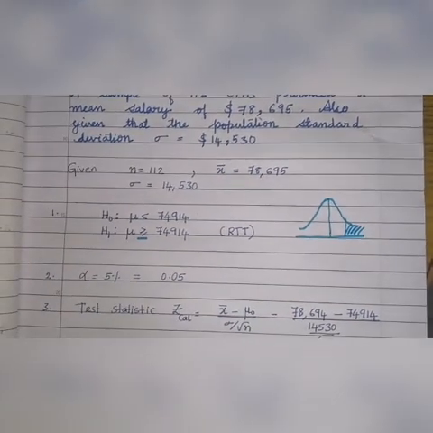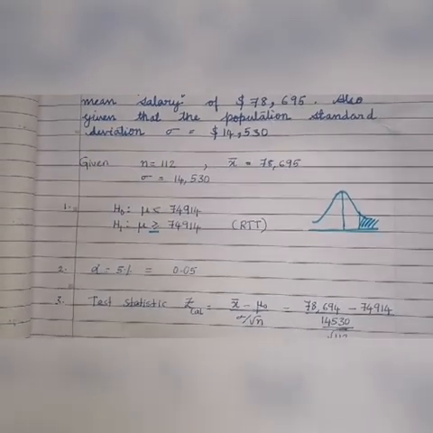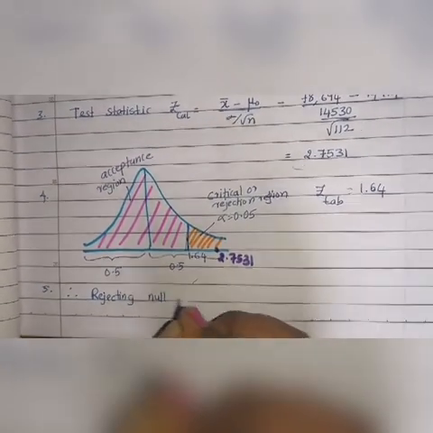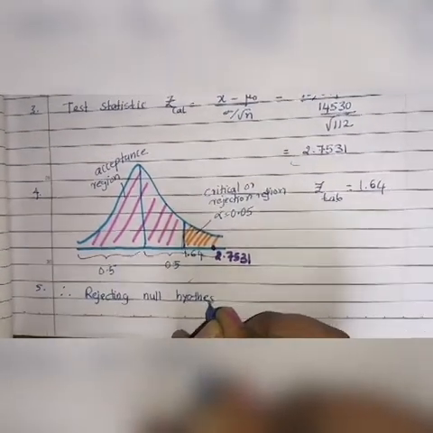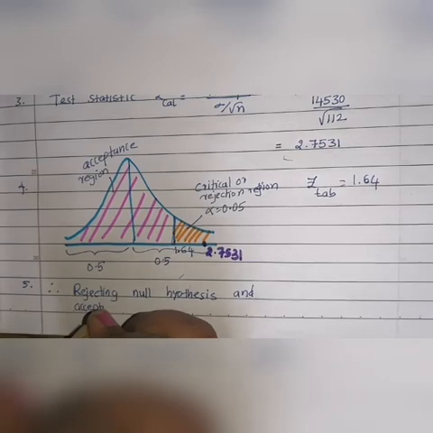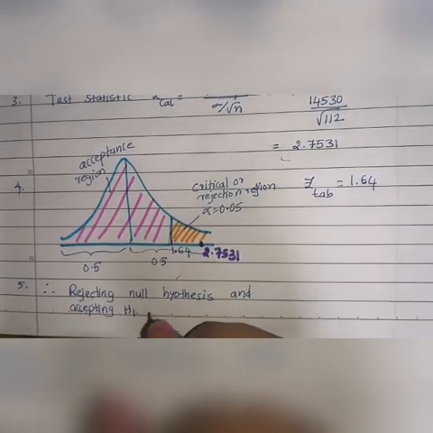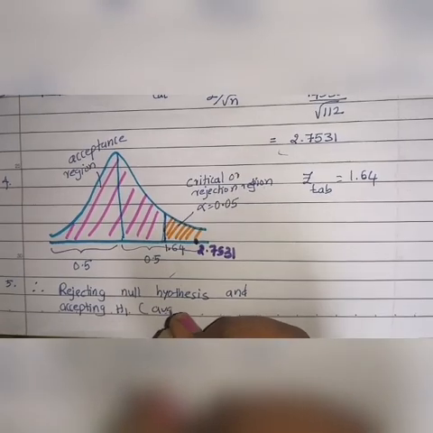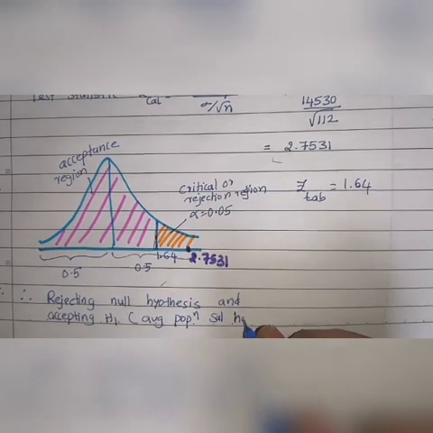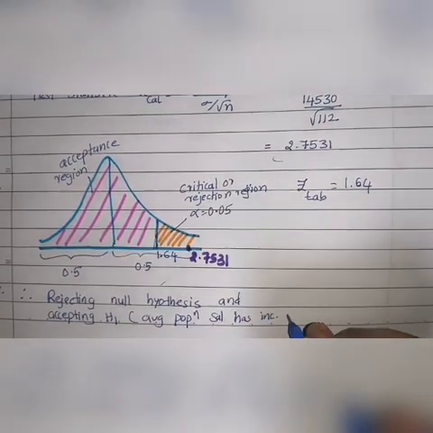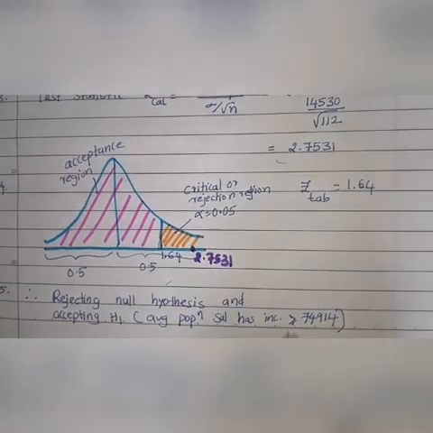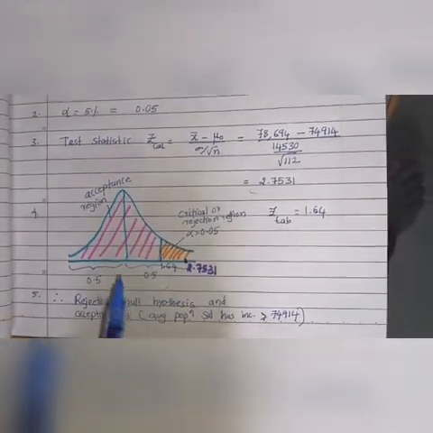Therefore, rejecting the null hypothesis and accepting H1. What is H1? Average population salary has increased more than $74,914. So this is how you test using a large sample, one mean.